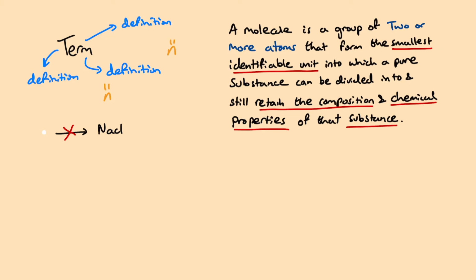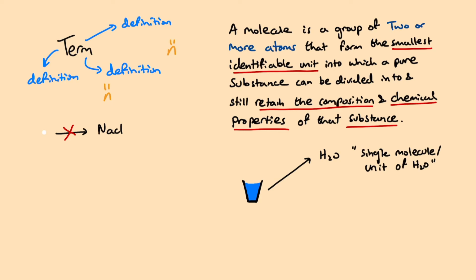So taking the example of that cup of water again, that cup of water contains many H2O molecules, as we said, and we know that you can get down to that single molecule of H2O from that cup of water. You know that exists. You can get down to that single molecule of H2O, or in this case, the smallest identifiable unit of that pure substance, which is a single molecule of H2O.